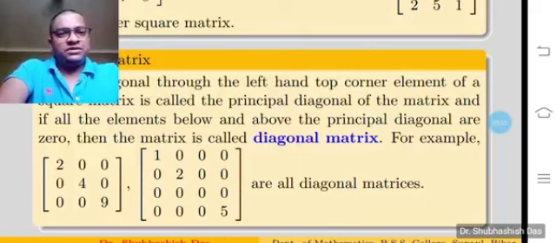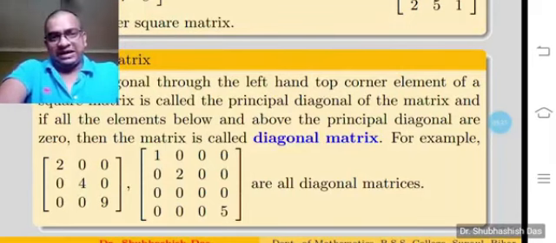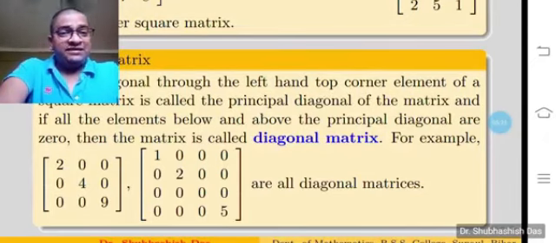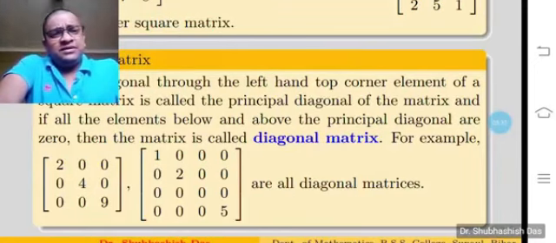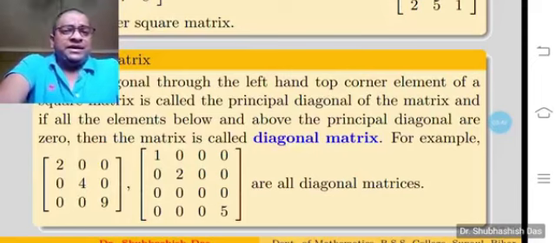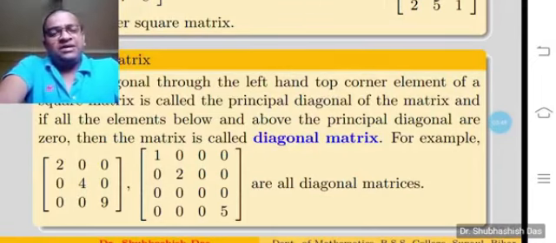Therefore this is a diagonal matrix. The next example is a 4 by 4 diagonal matrix. It may happen that a diagonal element may be 0, may not be 0, but for a diagonal matrix, above and below the principal diagonal all elements must be 0.